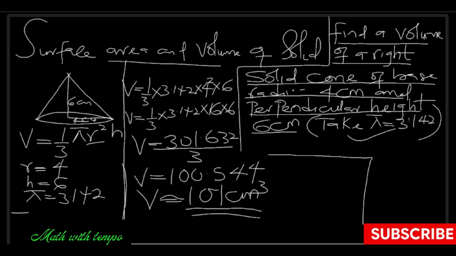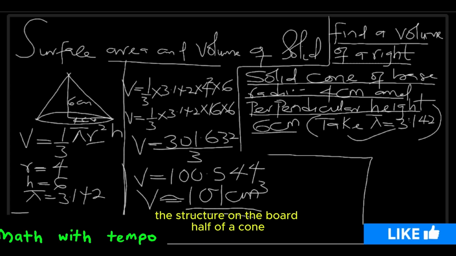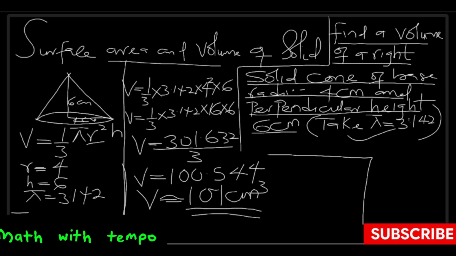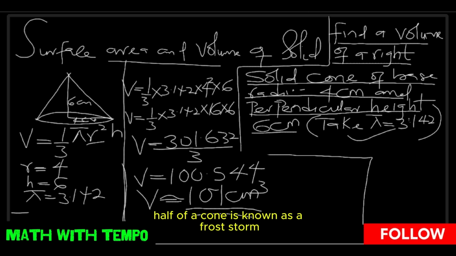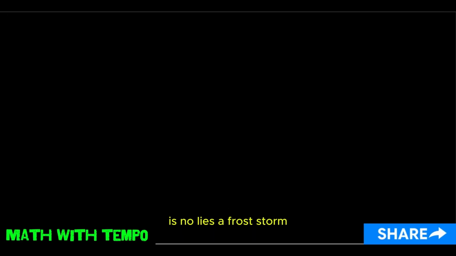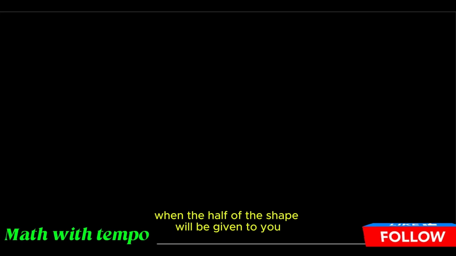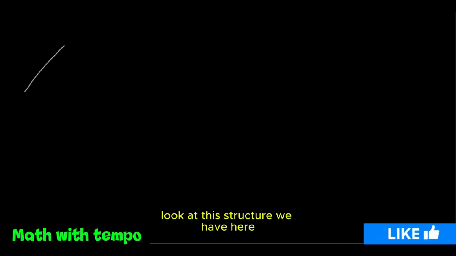Let's look at half of the structure on the board, half of a cone. Half of a cone is known as a frustum. It's known as a frustum when half of the shape is given to you. Look at this structure we have here.